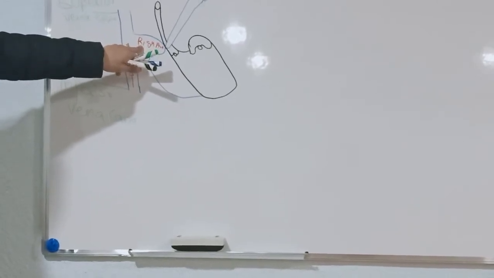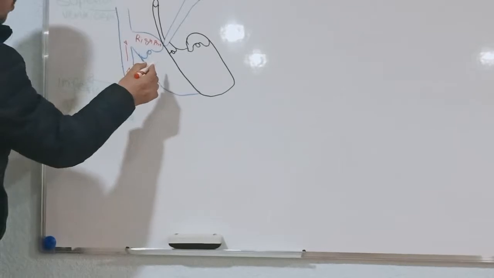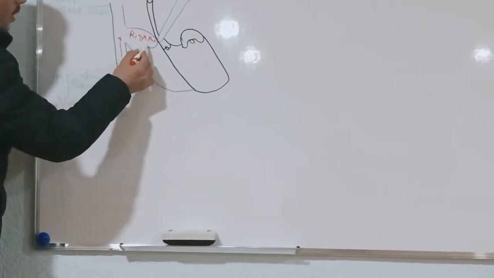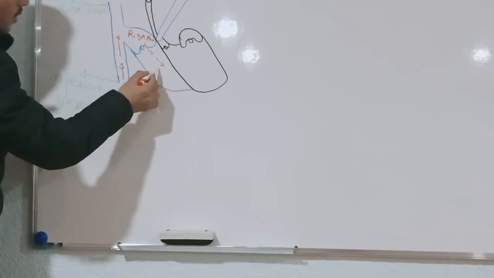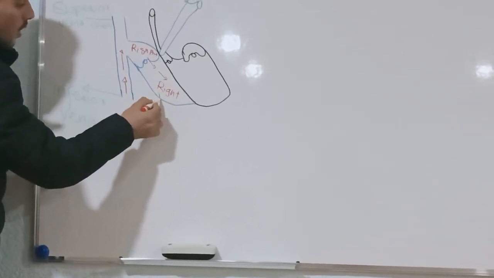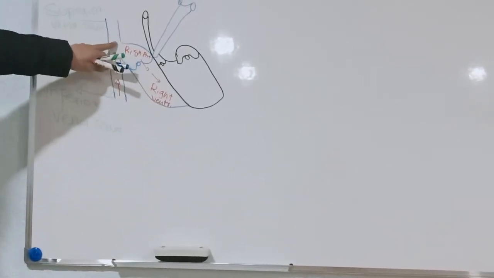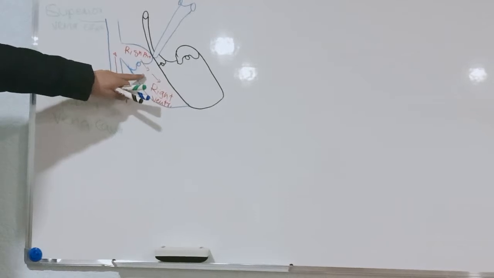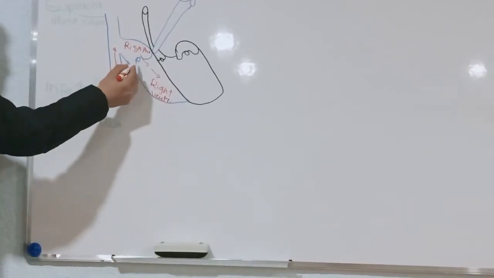From the superior vena cava and inferior vena cava, the blood moves to which part? To the right atrium. From the right atrium, the blood goes to the right ventricle. This is the right ventricle. From the right atrium, the blood enters the right ventricle through which valve?